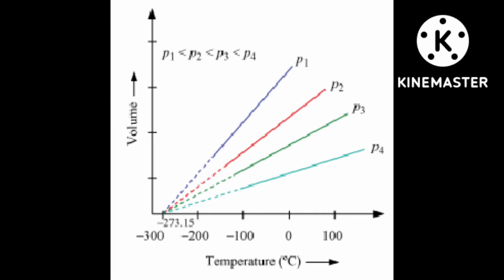Again I am continuing. Charles found that for all gases at any given pressure, the graph of volume versus temperature is a straight line. In Boyle's law it was pressure versus volume; here it is volume versus temperature, because pressure is fixed, constant.